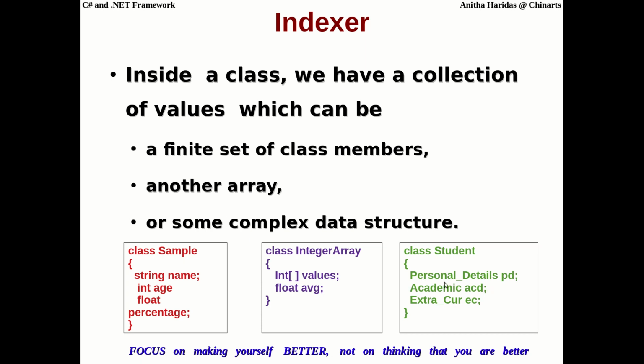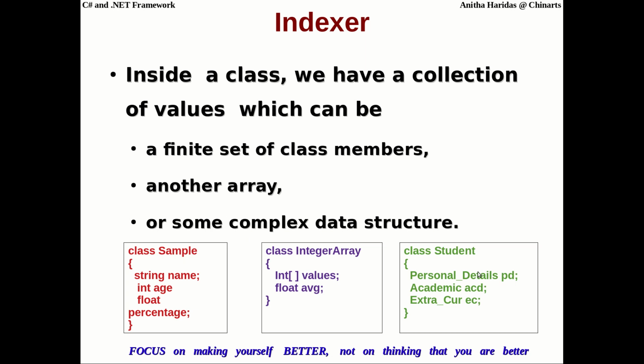The second member is again an object of academic class. Third member is again a class object which is extracurricular activities. This is a complex data structure. So it contains objects of various types. So any class may have a collection of values which will be varying in different ways.